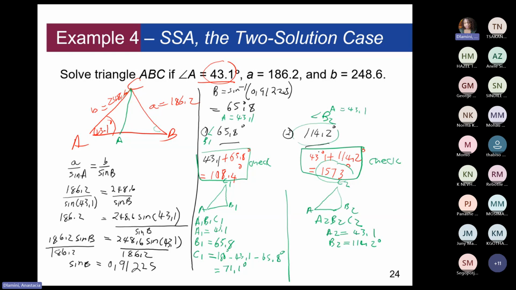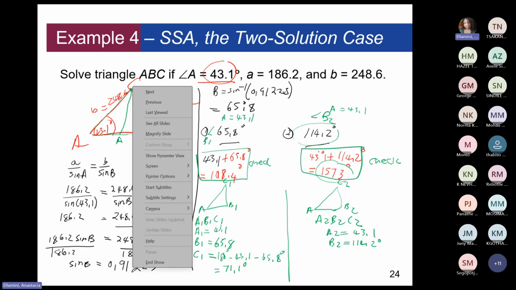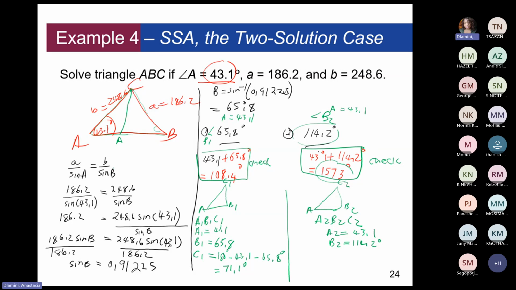Meaning that if this is the entire B, the B can open up and be 114, right? Or B can be a smaller triangle. It's two cases, guys. It's not one case. Does it make sense? Or maybe I'm not making sense.